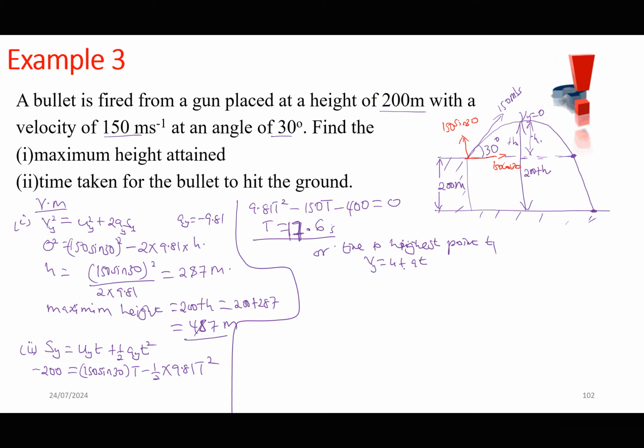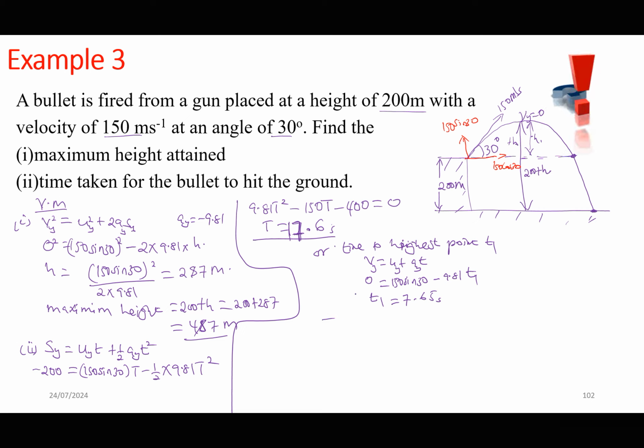Remember, V is going to be in the vertical, U in the vertical, acceleration in the vertical. At the highest point, V is 0. So I'll say 0 equals 150 sine of 30 minus 9.81 times t. So this means the time t1 is going to be equal to 150 sine 30, which is 75, divided by 9.81. So the time to reach the highest point is going to be 7.65 seconds.